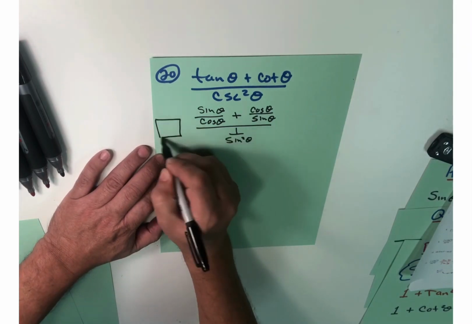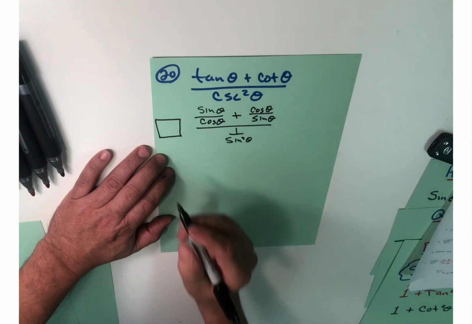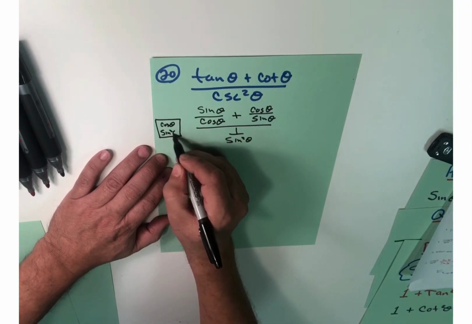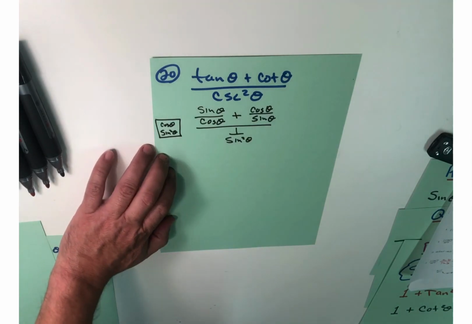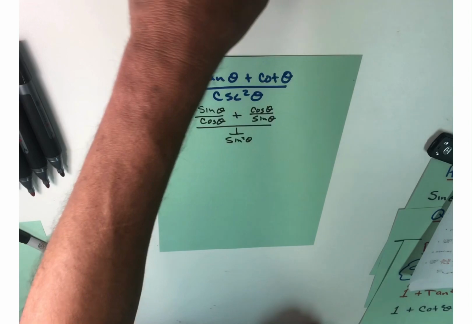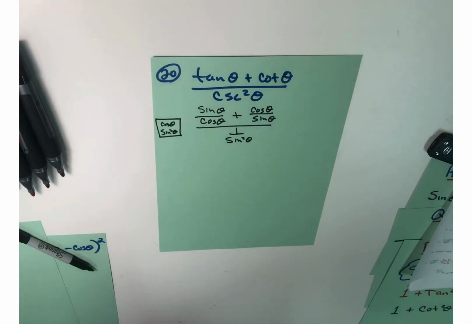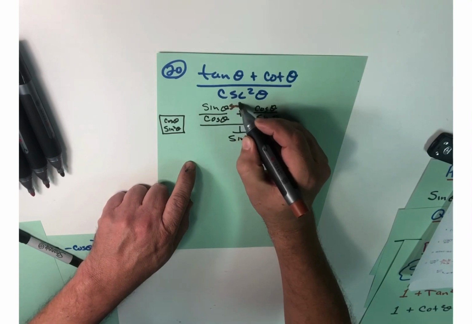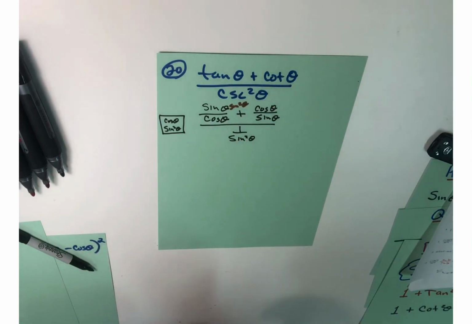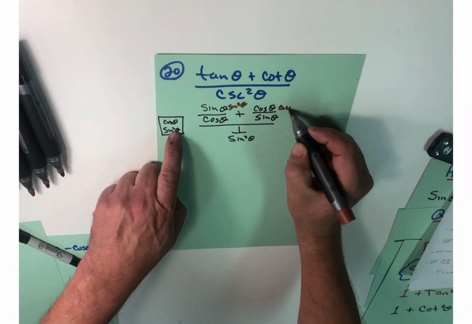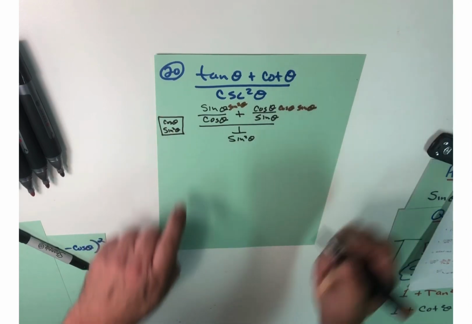In other words, what's the ticket? The lowest common denominator is cosine of theta times sine squared of theta. So now we ask, what might they be missing? Well, let's see. This first one here has the cosine of theta, so it's missing sine squared of theta. This second one has a sine of theta, so it's missing a cosine theta and a sine of theta.